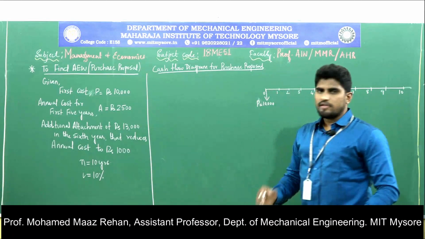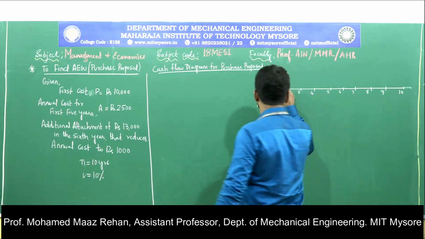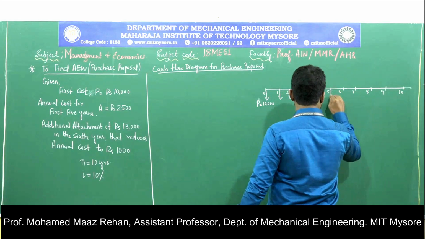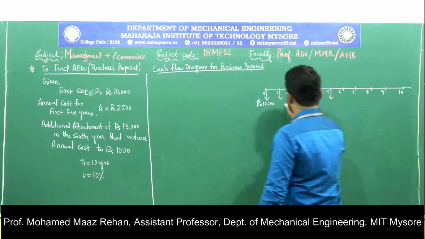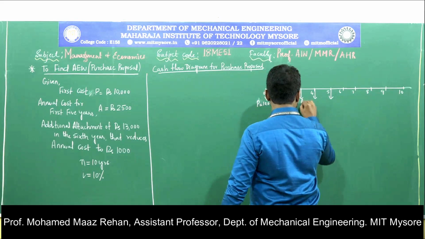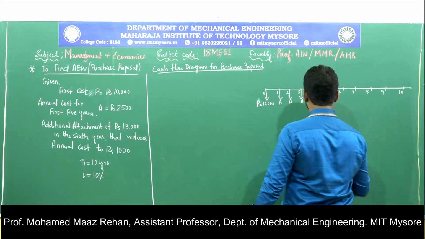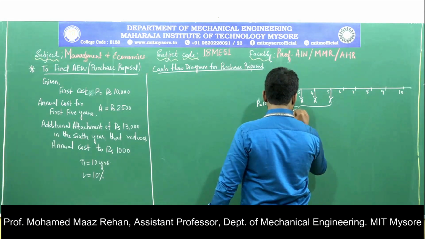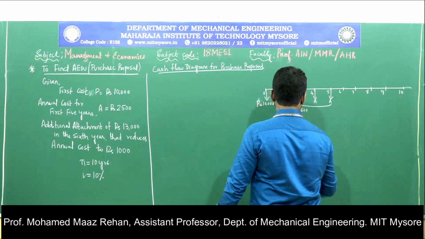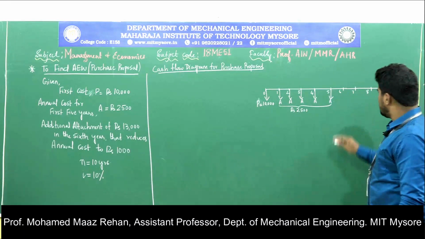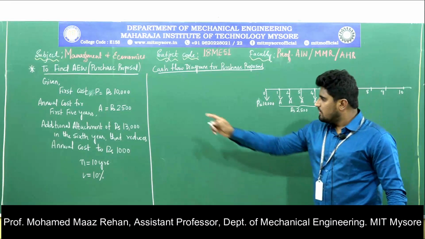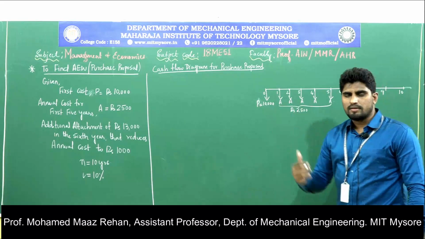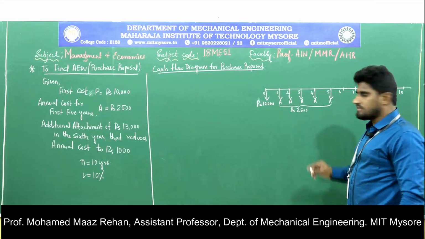Next, the annual cost. For the first 5 years it is rupees 2,500. With an additional attachment of rupees 13,000, the annual operating cost gets reduced to 1,000 for the next 5 years.